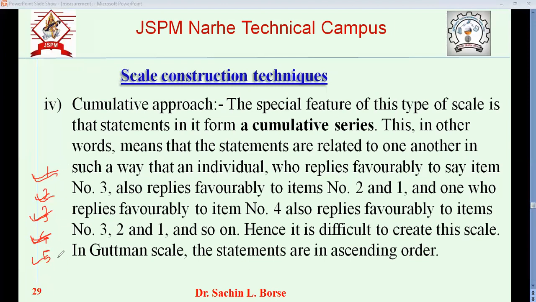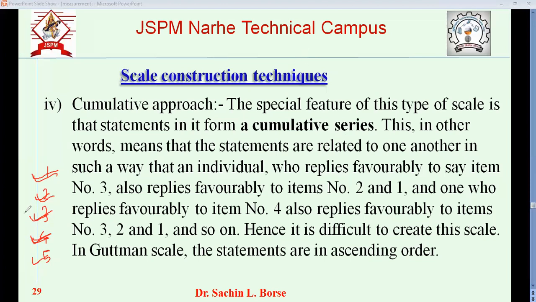So creating these statements is itself a very difficult task, because when I was searching for an example, I saw a few examples and I was not convinced, because the examples were not able to give that feature.